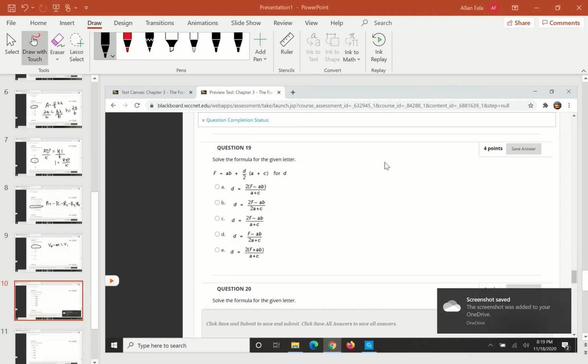For question 19, we're going to find for D. First thing we're going to do is to subtract AB from both sides. That's going to leave us with F minus AB is equal to D over 2 times A plus C. Now we're going to multiply both sides by 2. That's going to cancel out that.